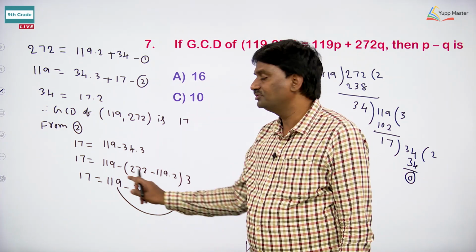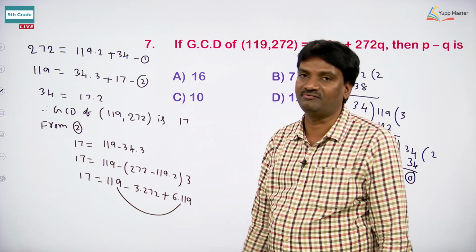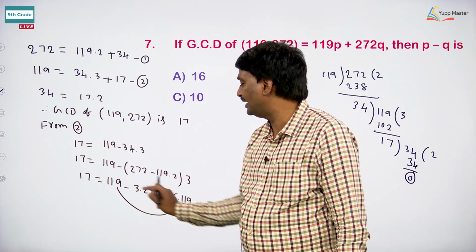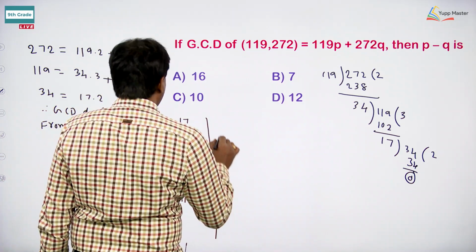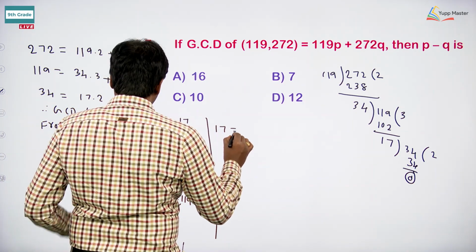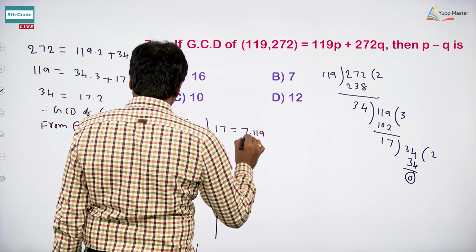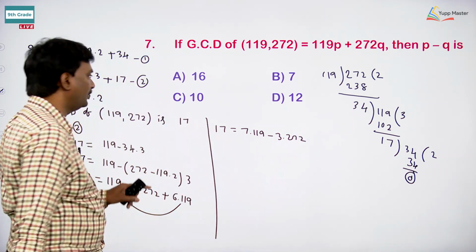From these two terms, if we take 119 as common, we will get 1 plus 6 is 7. So from this we can write 17 equal to 119 plus 6 into 119, that is 7 into 119, minus 3 into 272.